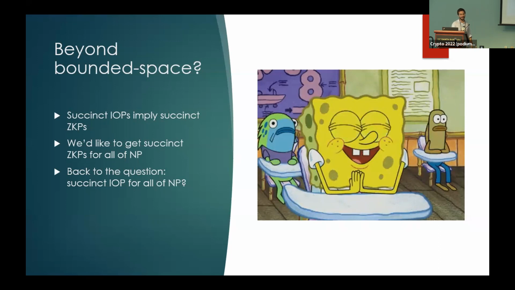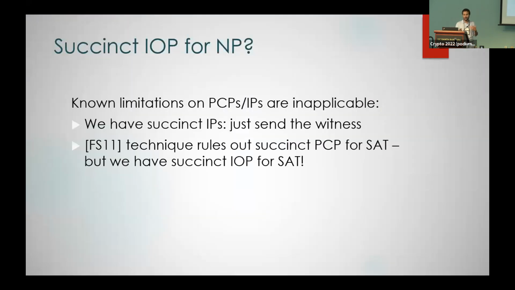When we wanted to approach such a problem, it's good to look at previous results and techniques and try to apply them here, because an IOP is a generalization of both interactive proofs and PCPs. So maybe we can use the limitations or techniques that apply to those things on IOPs. For interactive proofs, this basically doesn't work because there's no such limitation.